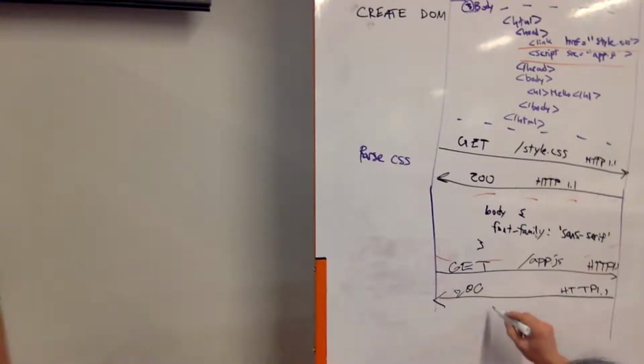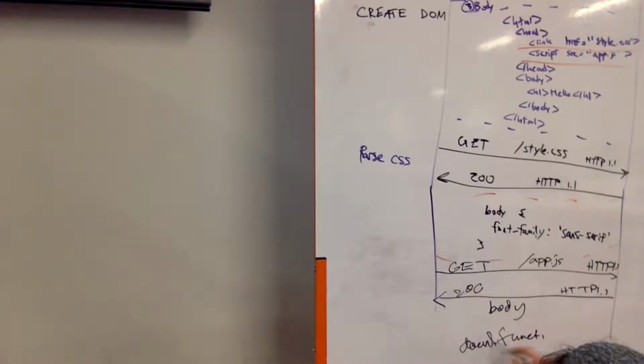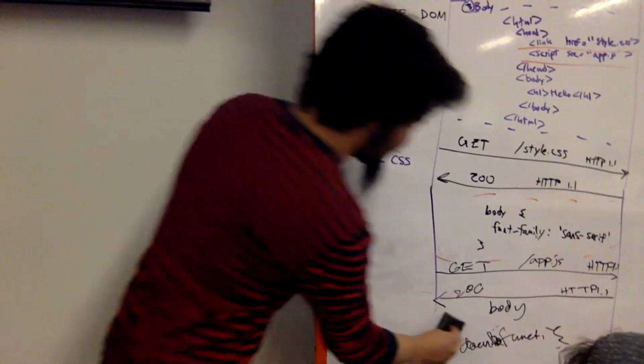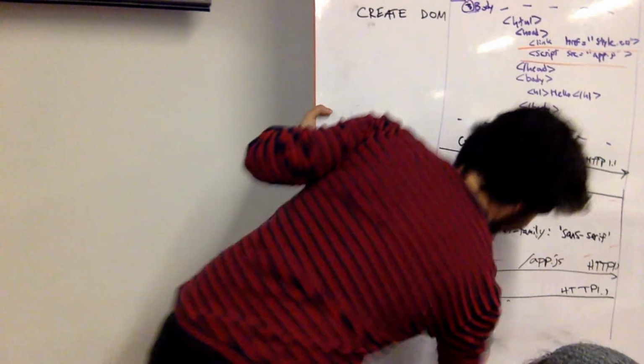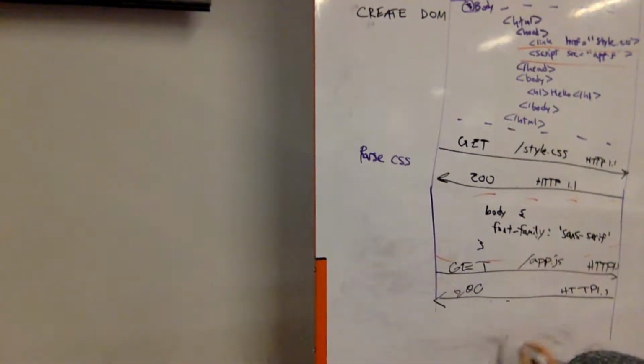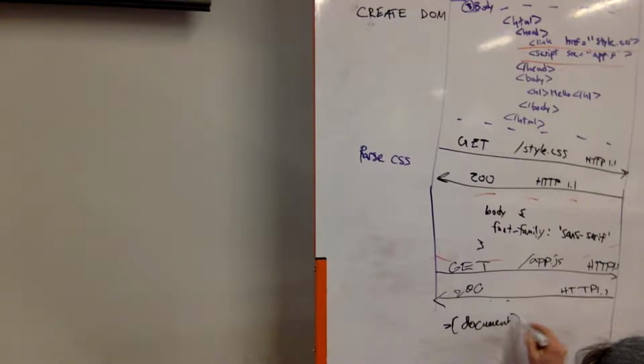What is the body? Okay, the body's gonna be the text content of the JS file, so whatever that looks like, it's gonna be probably a document ready function if it's jQuery, and let's say there's a console log in there. Okay. Yeah.